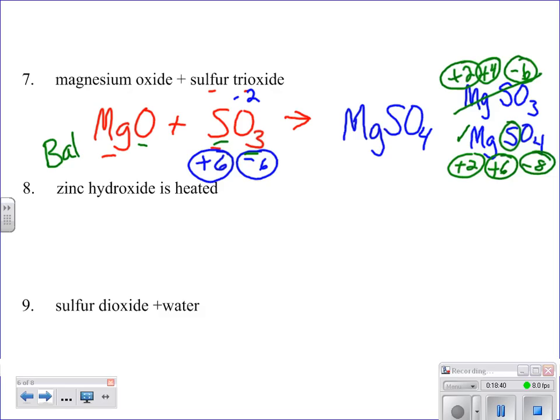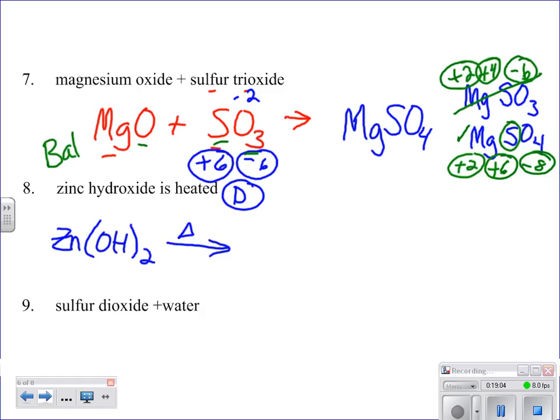Okay. Next one, we have zinc hydroxide, Zn with a plus 2, hydroxide with a minus 1, and it's heated. Obviously, this is going to be a decomposition reaction. Don't tell me that it breaks down to form zinc plus hydroxide. Look at your special cases.